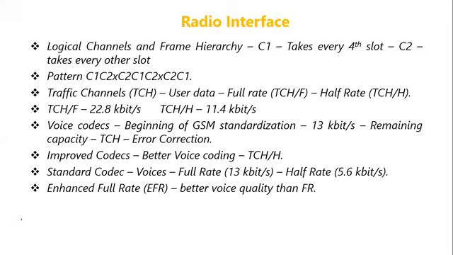So depending on the different channels, the coding schemes and the error correcting capabilities will differ. Depending on the data rate, the coding scheme and the error correction technique used will also differ. So this is about the traffic channel.